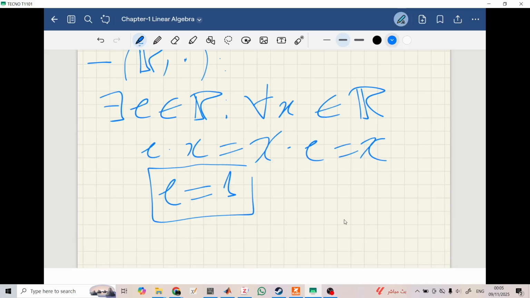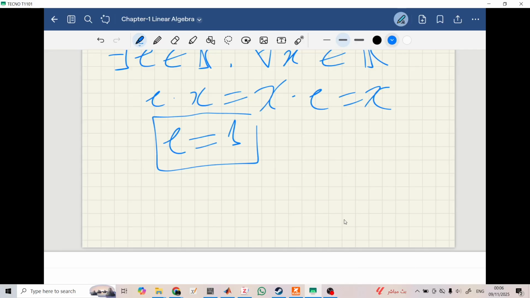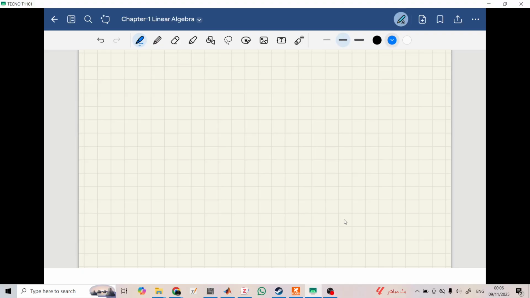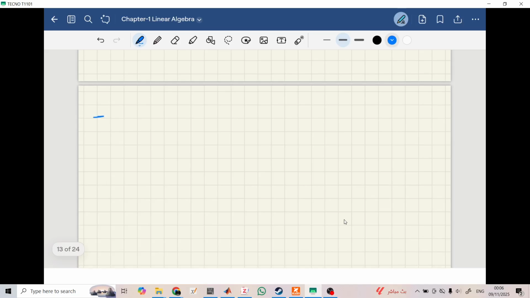Okay, let's take more examples for neutral elements. Let's take them for matrices. Here now what we have is R 2 by 2, and the operation is addition of matrices, so it's element by element addition.